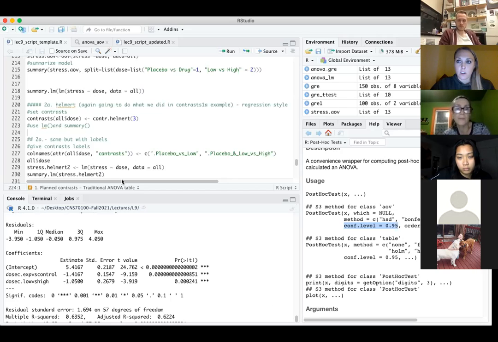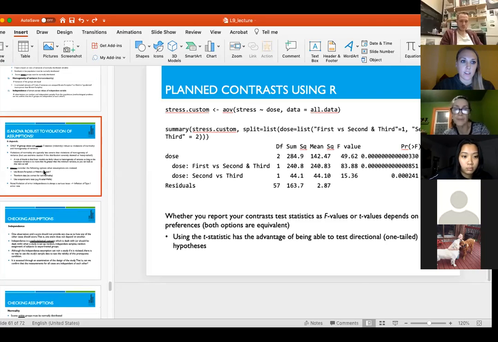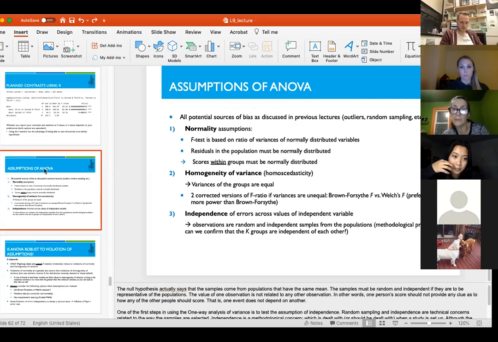All right, so if there are no other questions about that, let me just make sure I've got everything on this PowerPoint. I think the very last thing that I wanted to mention were the assumptions, which I already briefly talked about, but these are not new. This is because remember the ANOVA is building on the independent samples t-test. So we're still going to have normality assumptions.